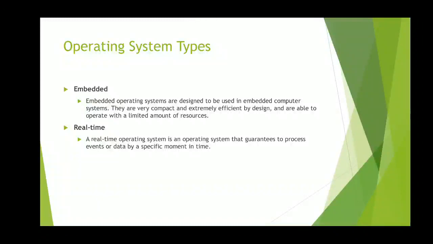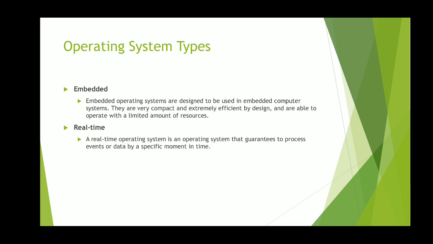The next type of operating system is the real-time operating system, also known as RTOS, and it is used in embedded applications where real-time performance of the process is necessary. It has better real-time characteristics than any other type of operating system.